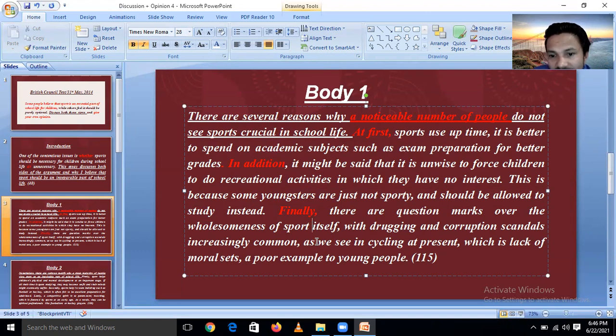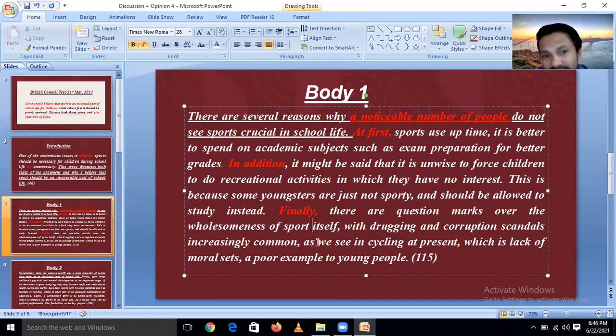There are some questions with drugging and corruption scandals increasingly common during sports, as you see in cycling at present, which is a lack of moral sense. This is illegal and out of a lack of moral sense. A poor example to young people. So young people can be the victim of scandals like that.